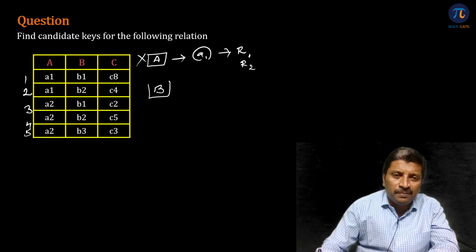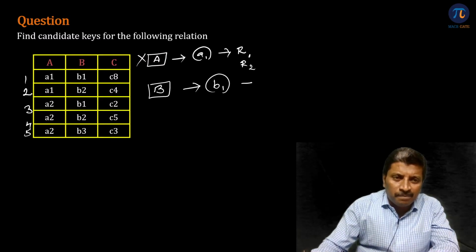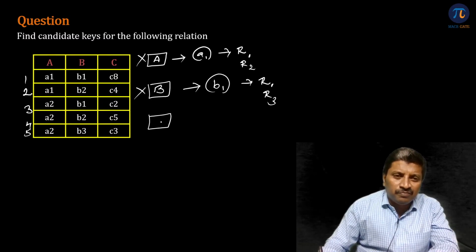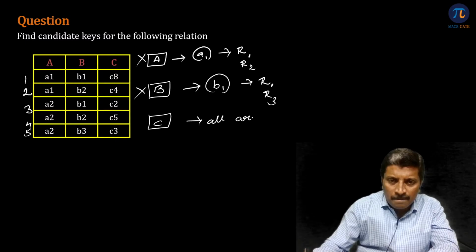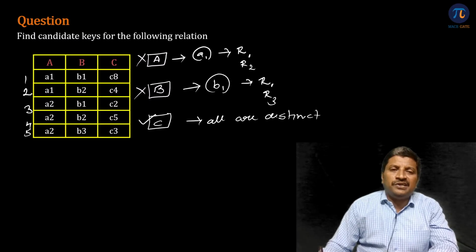What about B? B1 is repeated in row 1 and row 3. Then what about C? C4, C8, C2, C5, all are distinct. It is a candidate key.